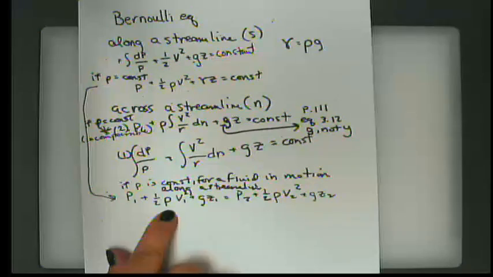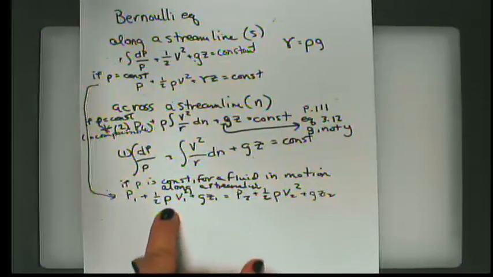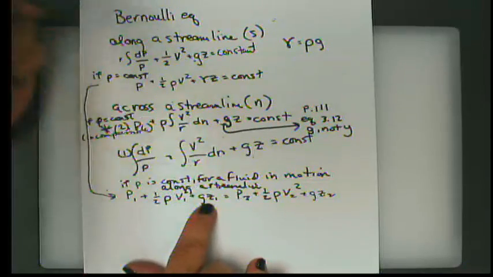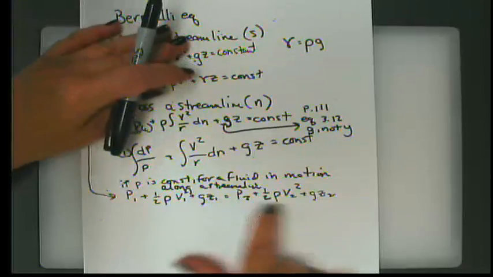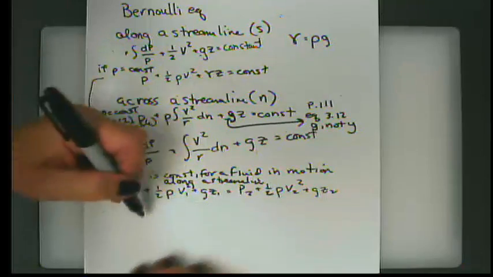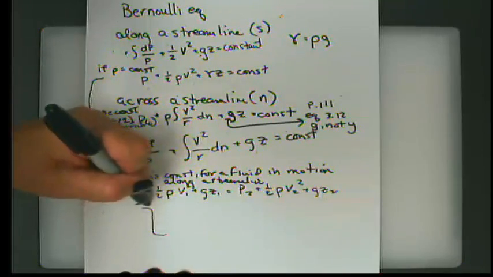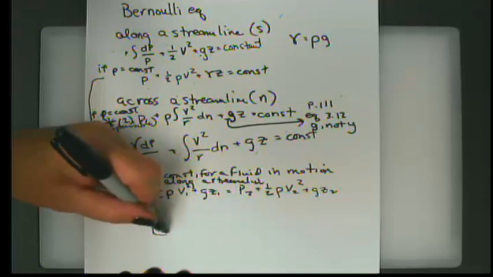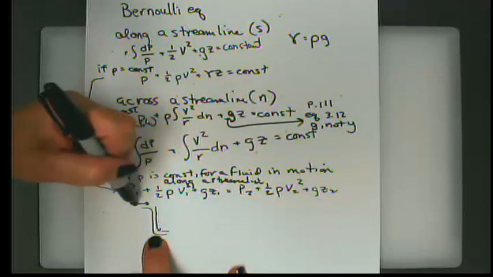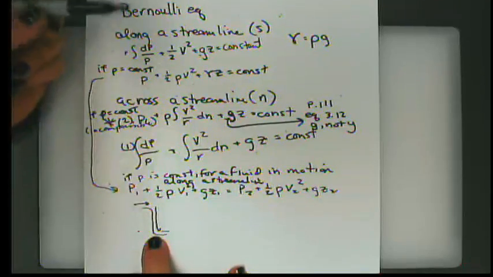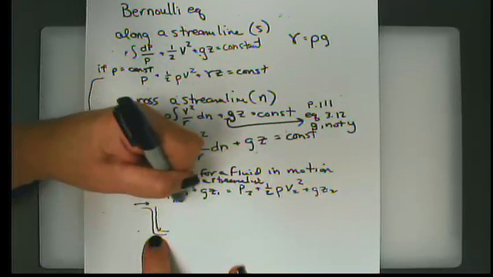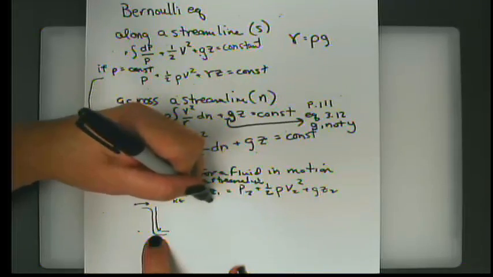But basically, if we have pressure, velocity, and position, height, we can trade them off into other forms of energy. That's why, for example, if you have water flowing over a waterfall, it will tend to be faster here than it will here because you've traded in potential energy for kinetic energy. So this is basically a kinetic energy term, and this is basically a potential energy term.